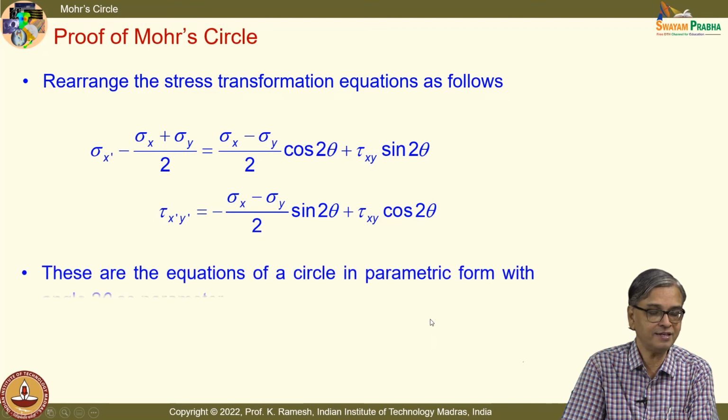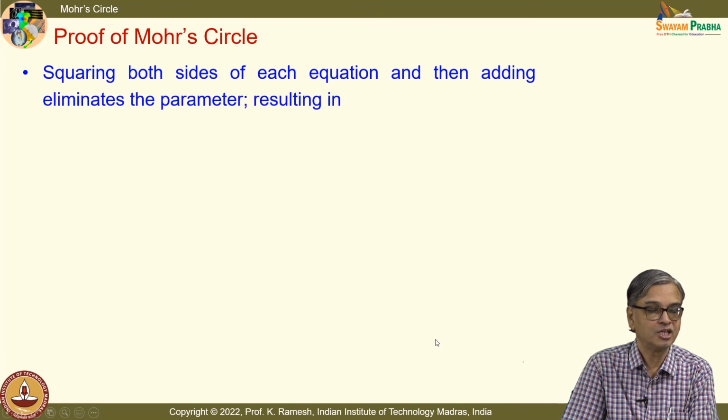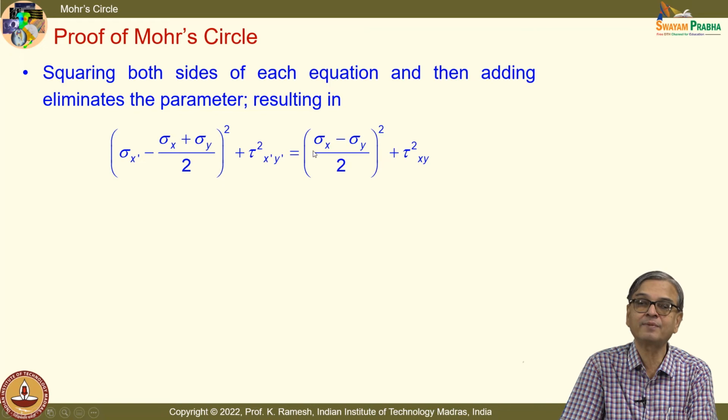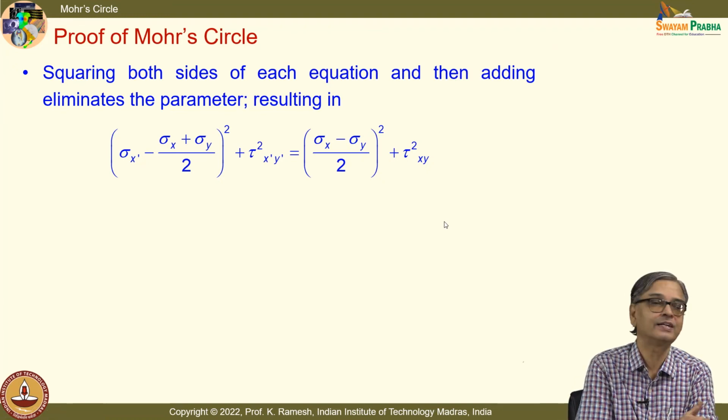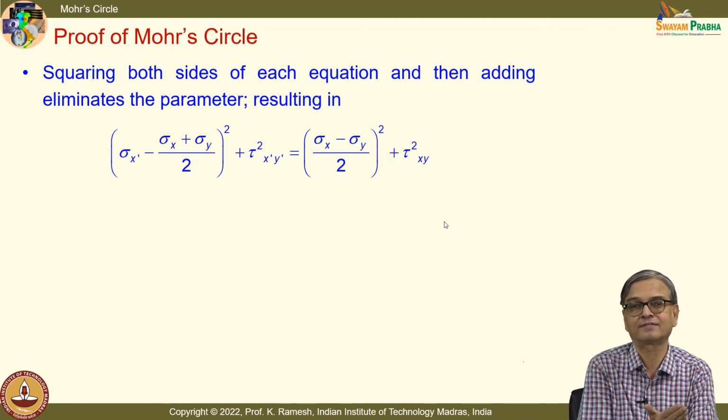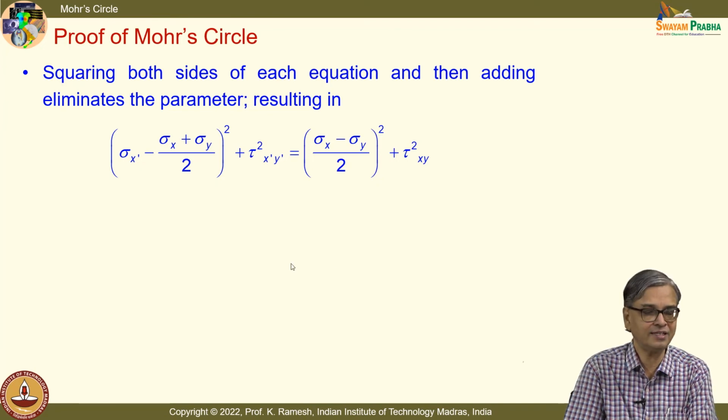Let me look at what is the equation that I get. Squaring both sides of each equation and then adding eliminates the parameter, resulting in (sigma x prime minus (sigma x plus sigma y)/2) whole square plus tau squared x prime y prime equal to ((sigma x minus sigma y)/2) whole square plus tau squared xy, which I can also replace in terms of the radius and also the origin of the circle. Origin of the circle we have said is sigma average comma 0, isn't it?